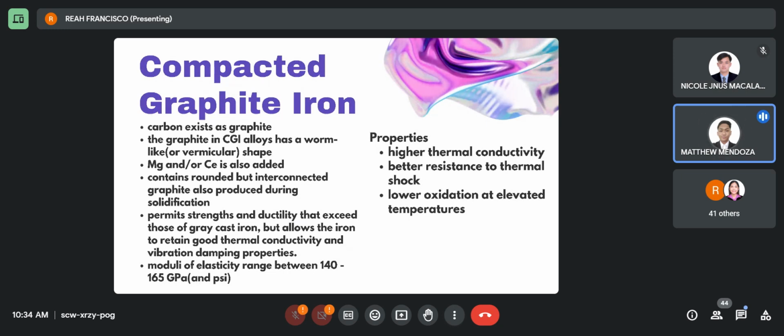Then the moduli of elasticity range between 140 to 165 gigapascal. Its properties are higher thermal conductivity, better resistance to thermal shock, lower oxidation at elevated temperatures.